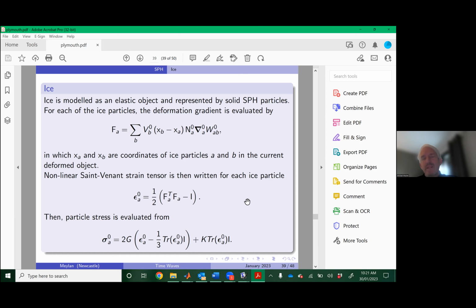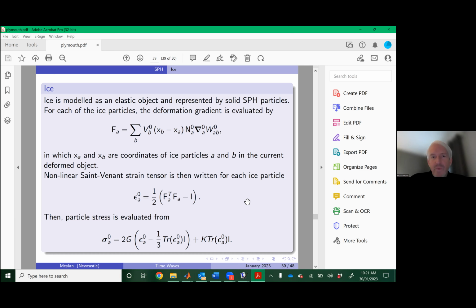And of course, that allows us to do one thing, which is my goal of all this work, which is to have a model which allows melting. So you can think about what's going to happen, right? Something we've got to do is add another quantity, temperature, and then this particle of ice can melt, and suddenly it can go from being a solid to being a fluid. So it sounds like a great idea, and we have managed to start doing it.